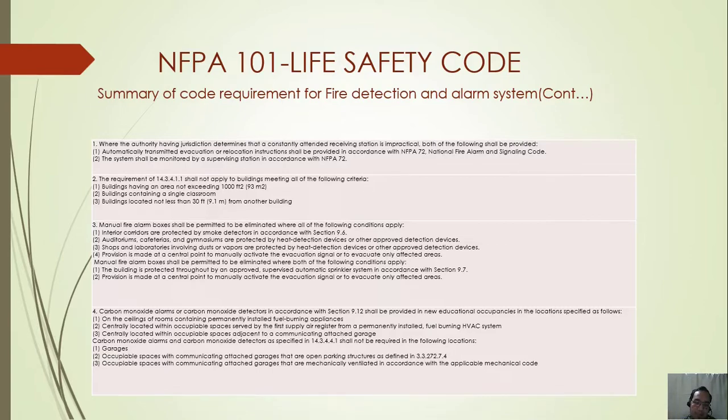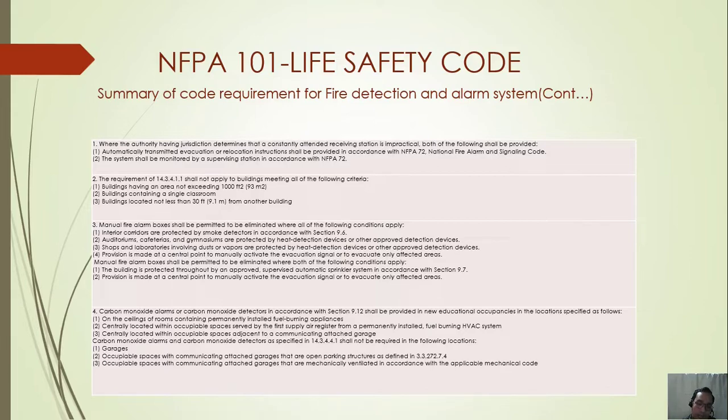When it's permitted to omit manual fire alarm pull stations in educational occupancy, you should fully comply with the following conditions. One is interior corridors are protected by smoke detectors. Auditoriums, cafeterias, and gymnasiums are protected by heat detection devices or other detection devices.